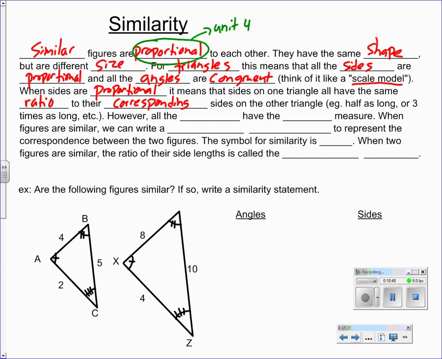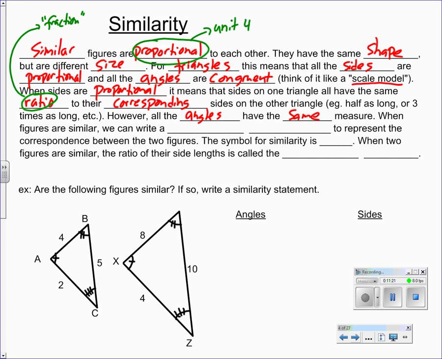It just has to have the same ratio between the sides. And remember that ratio is just another word for fraction. Right, so our sides are proportional, they have the same ratio, but all the angles have to have the same measure. They have to be congruent.